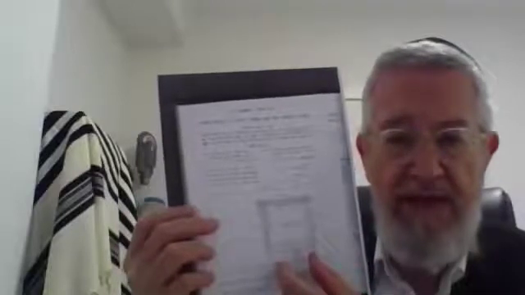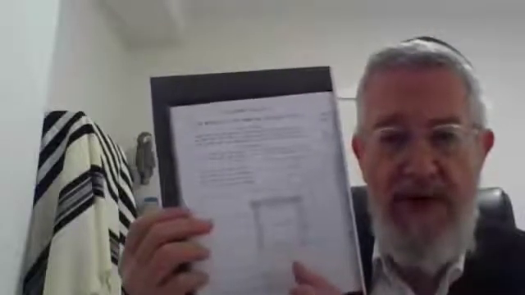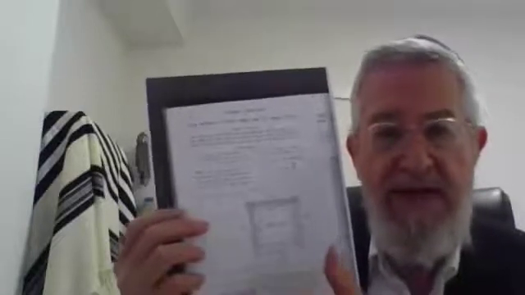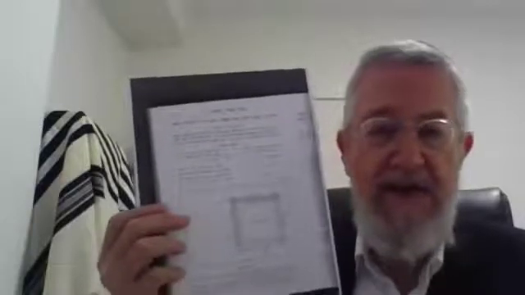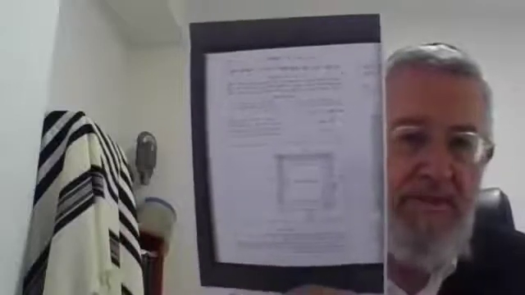So therefore, the Mizbeach that was originally 28 by 28, by adding 4 amos on the south and 4 amos on the west, now had a base, instead of 28 by 28, of 32 by 32.